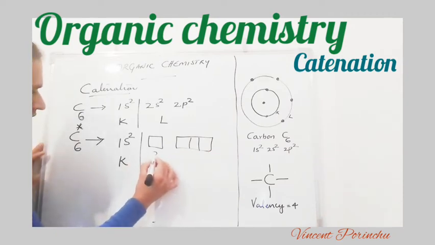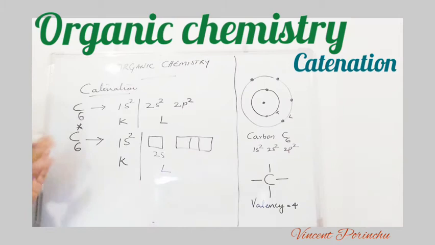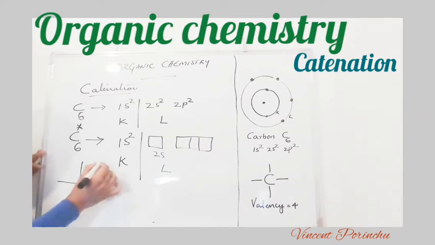So this is the 2s, and the p orbital, according to the magnetic quantum number, can be directed into 3 directions of the x, y, and z axes. The p orbital has a dumbbell shape. So this is the x axis and this is y and z.